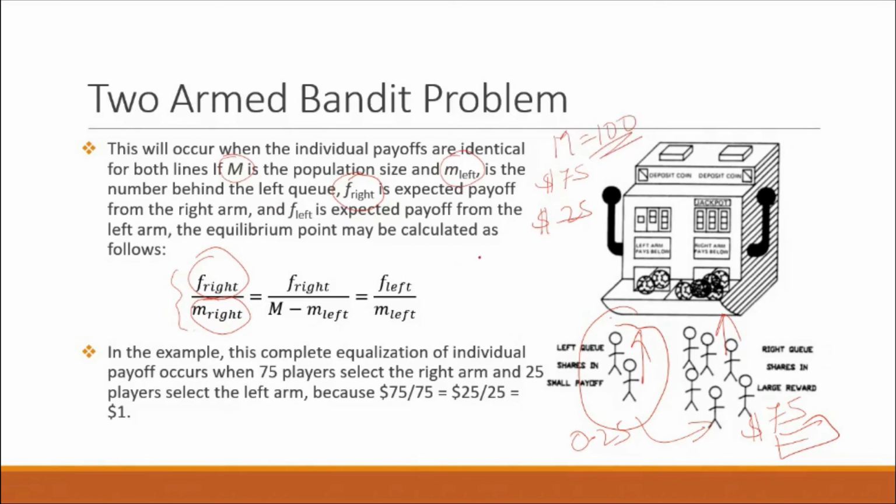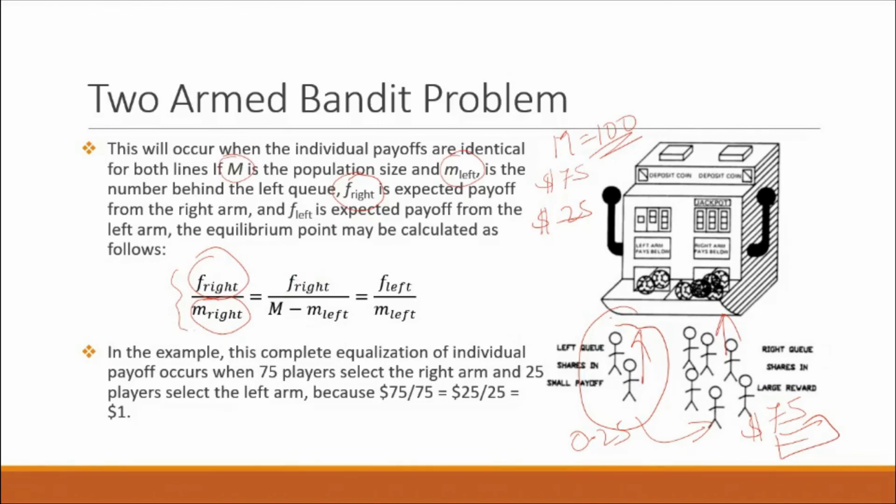In this case, F right divided by M right is the actual payoff that a player will be getting on selecting the right side, because M right is the number of people on the right side. So the number of people on the right side will be capital M minus M left, because M left is the number of people on the left side, and F right is the value that he is getting for being on the right side.